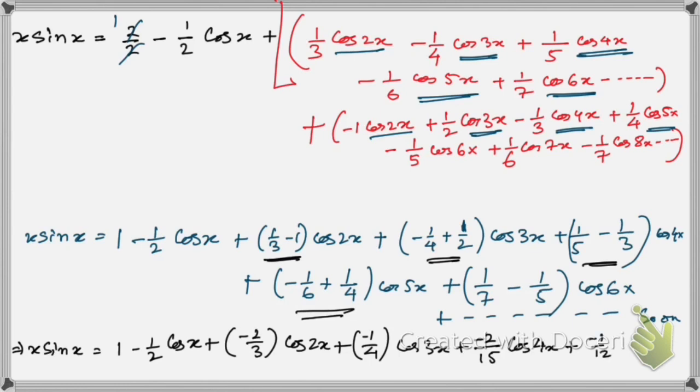Okay, LCM of 6 and 4 is 12, right? So minus 1 by 12, then cos 5x. Then next term will be, if you take LCM of this two, then you will get minus 2 by 35 cos 6x. That's what you're gonna have, right? This is our next term, and so on. Now let me copy this result and let me go to the next slide.